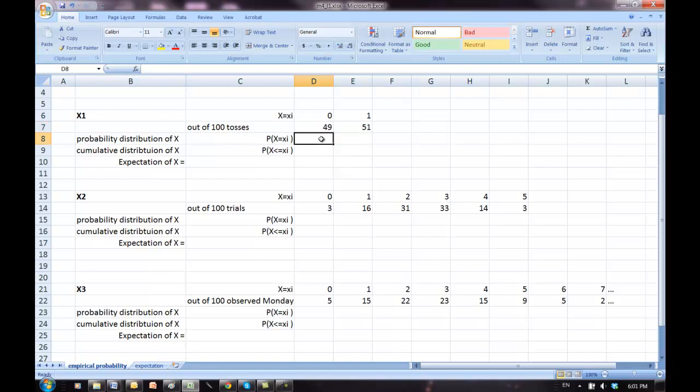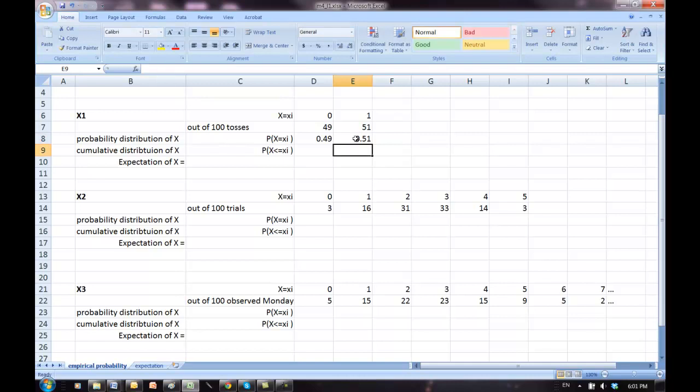So naturally, the probability of x taking on the value of 0 will be defined as the percentage 49 divided by the 100 tosses. And similarly, for the value of 1 it will be 51 divided by 100.